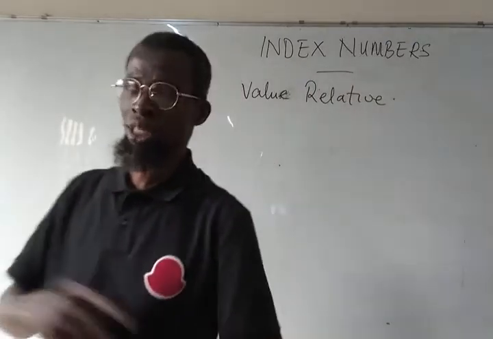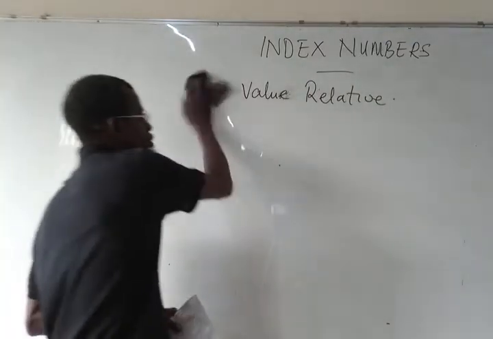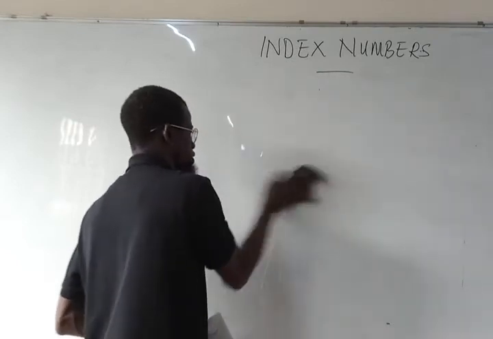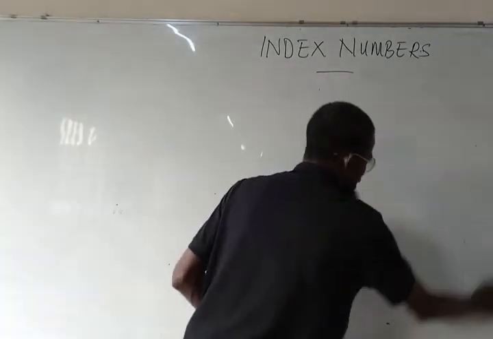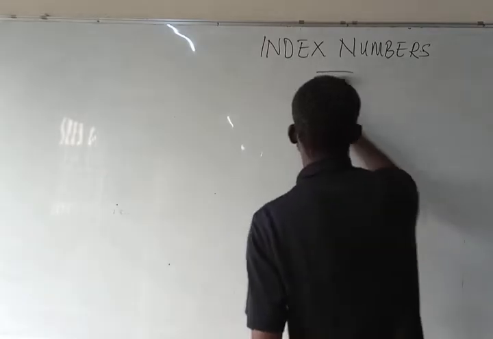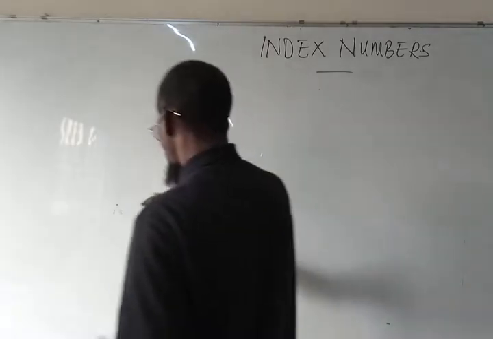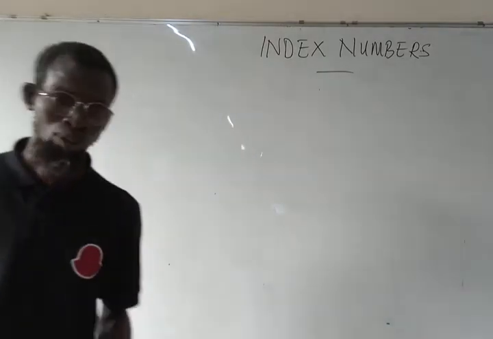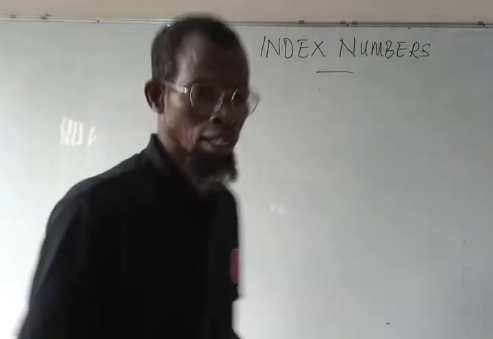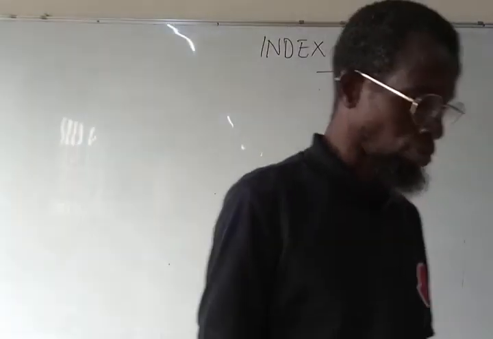What we have been doing is just a general method. So we're going to look at different methods. You may be asked in an exam to use a stipulated method for the calculation.